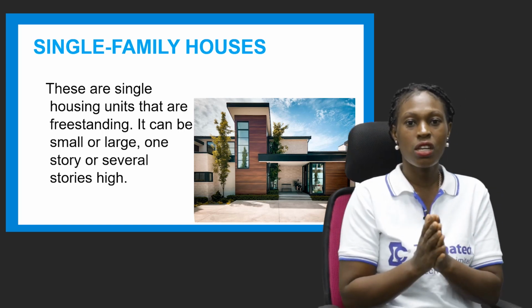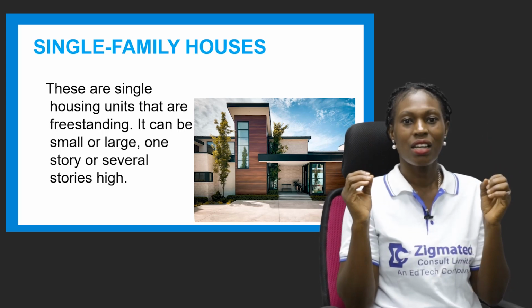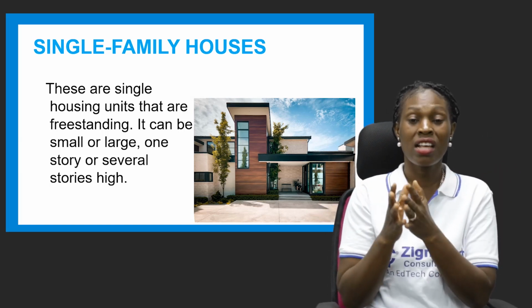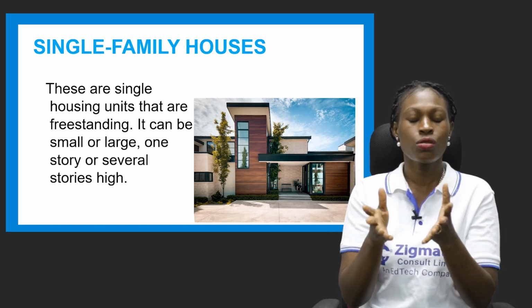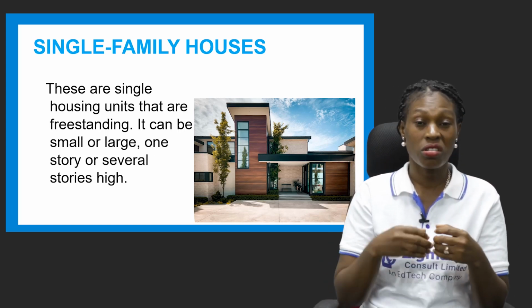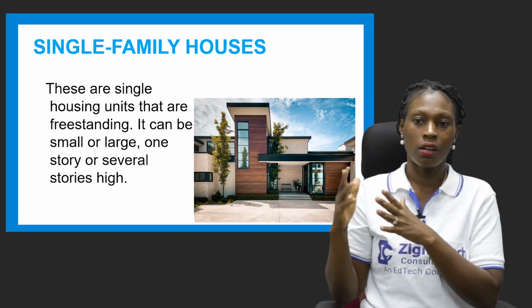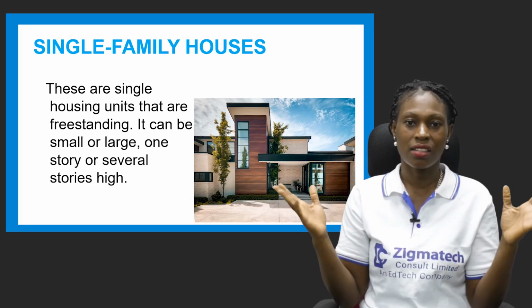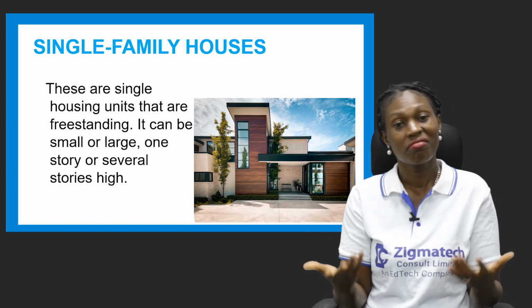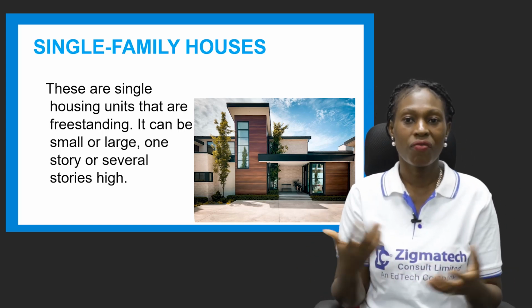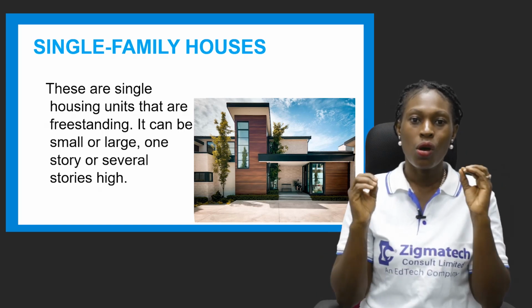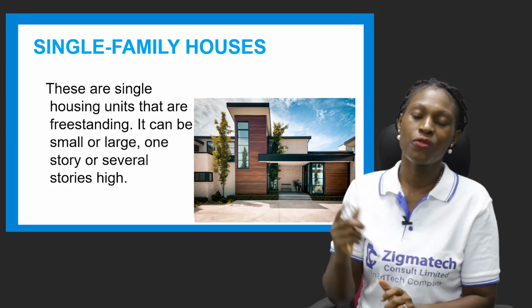Now, these can be for a family that wants to just have a place, a single family house, and then you could do one story, or you could do more, several stories high, depending on the family's choice and the number of persons in the family.